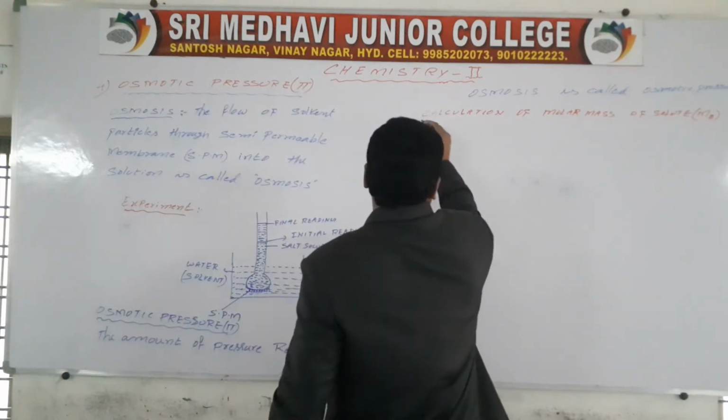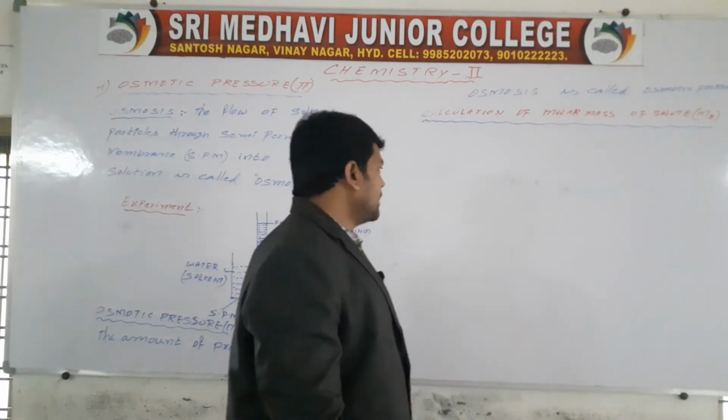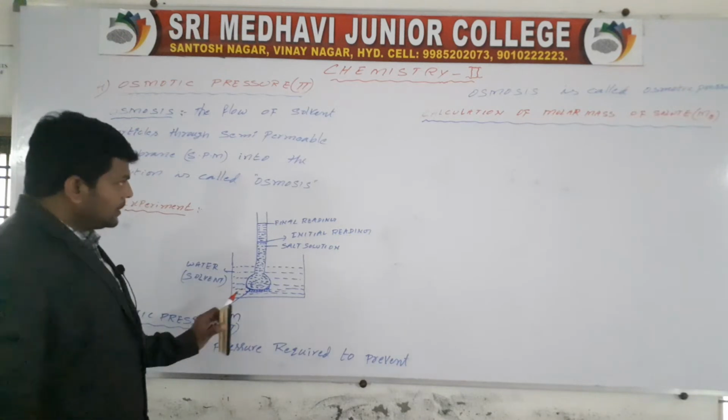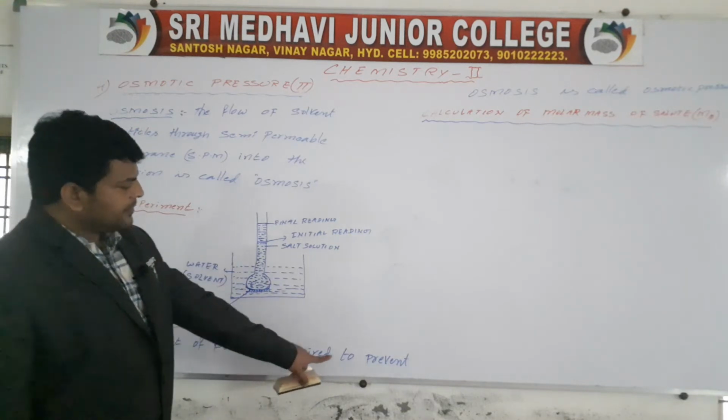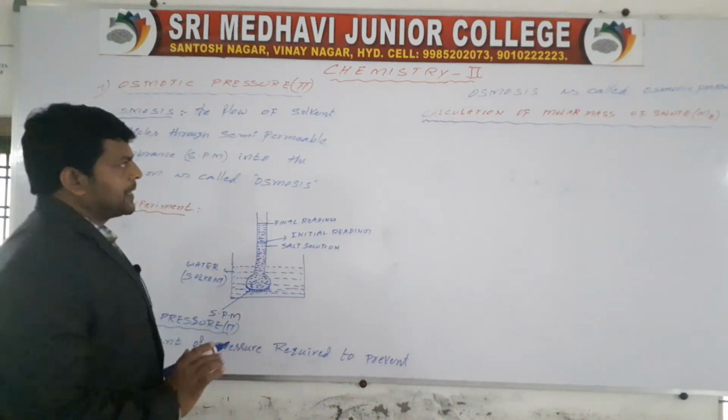Already we calculated this for the previous three colligative properties. Now, the amount of pressure required to prevent osmosis is called osmotic pressure.